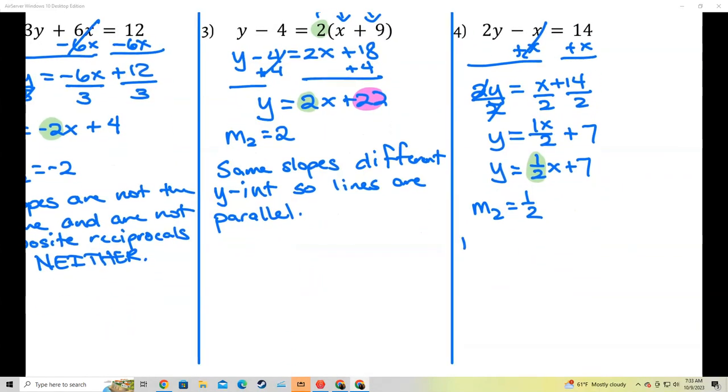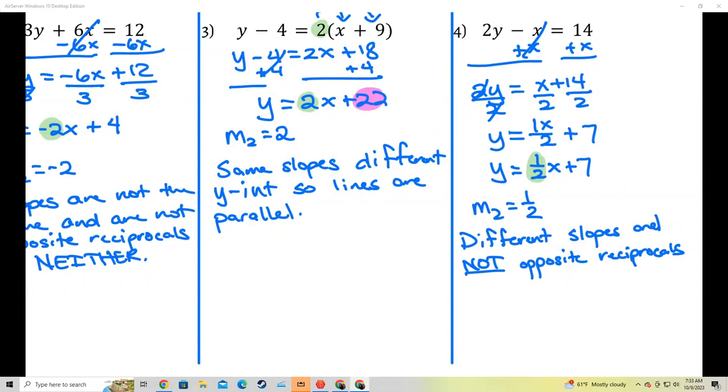So we're going to say different slopes and not opposite reciprocals. So neither.